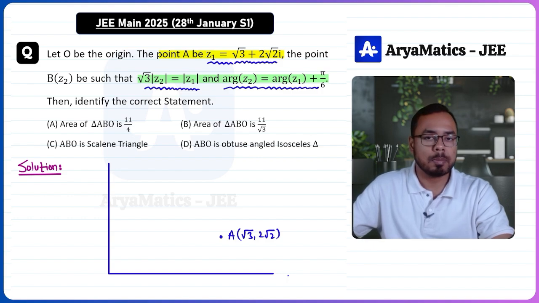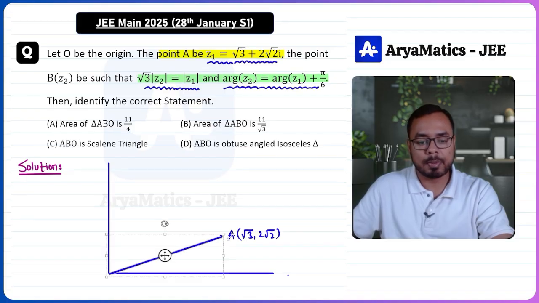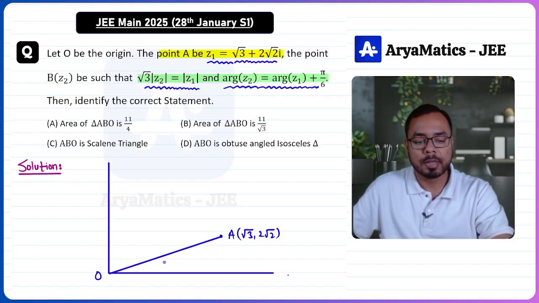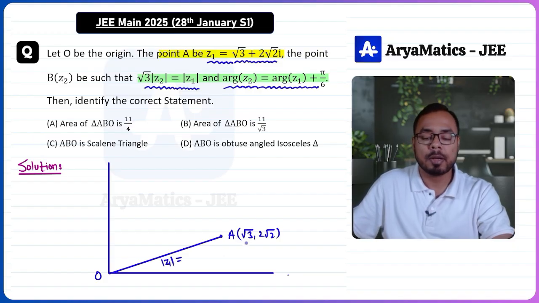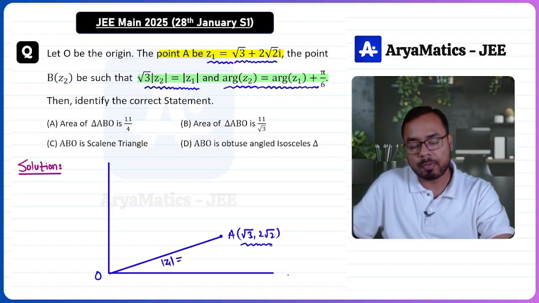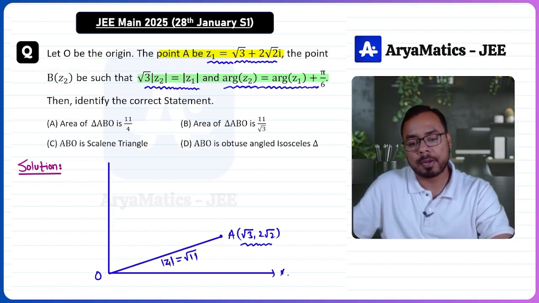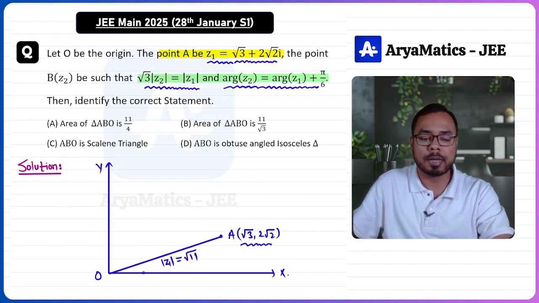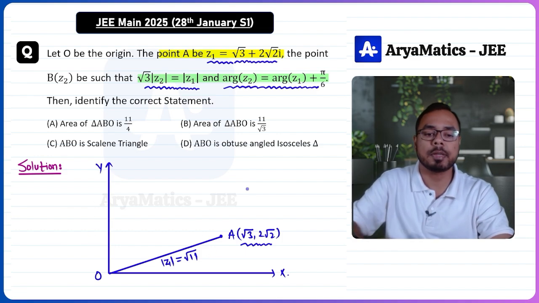Also, argument of Z1 will be nothing but the angle made by this line OA with the x-axis, and modulus of Z1 will be the distance between these 2 points O and A. So clearly you can see that mod Z1 or the length OA will be the distance of point root 3, 2 root 2 from origin. So it will be 3 plus another 8, so that will be root over 11. This is our real axis and this one is the imaginary axis. So point A is at a distance of root 11 units from origin.